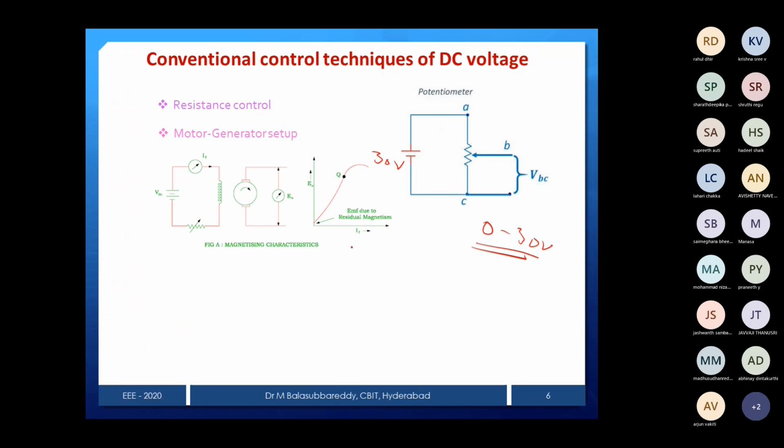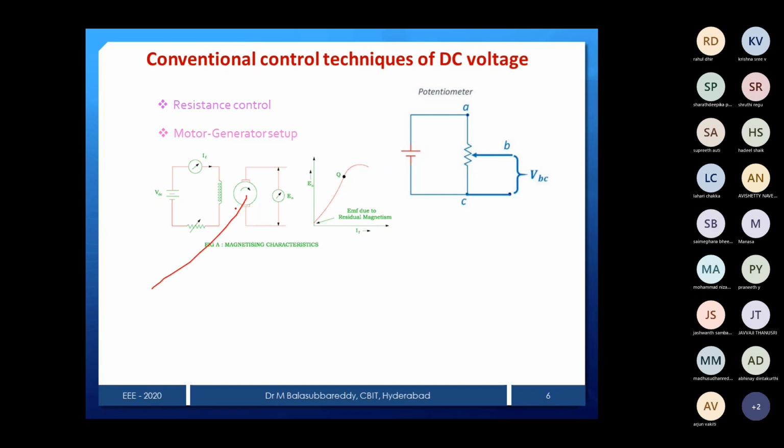This is known to you from your EM1 lab. What is this? The magnetizing characteristics of a DC generator, or OCC. This is the experiment we come across in the Machines 1 lab, and it is a very simple thing. There is a DC motor.